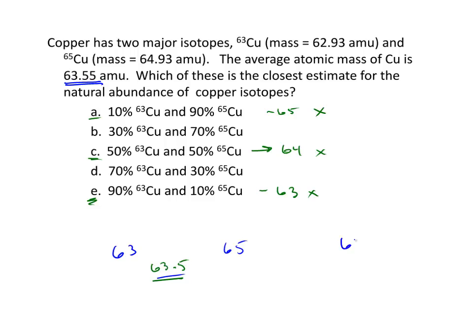For example, if we had three 63s for every one 65, that would average out to 63.5. The closest approximation we have there is answer D. 70% copper-63, 30% copper-65.